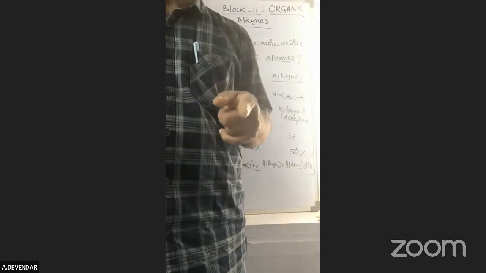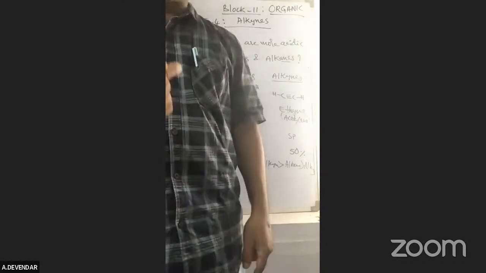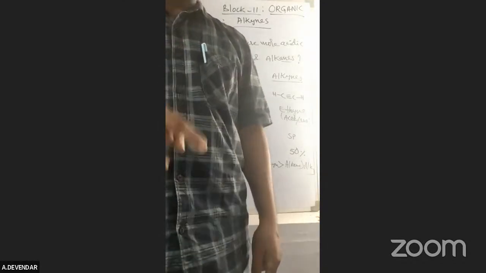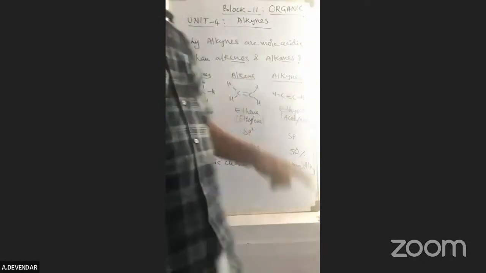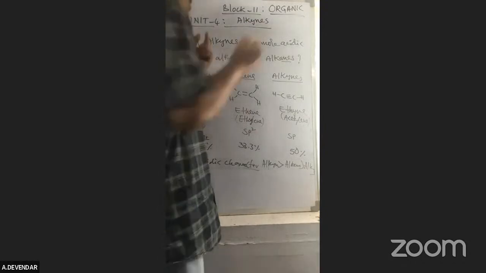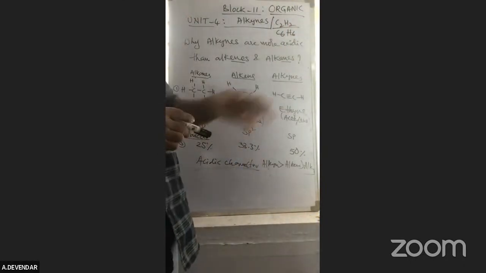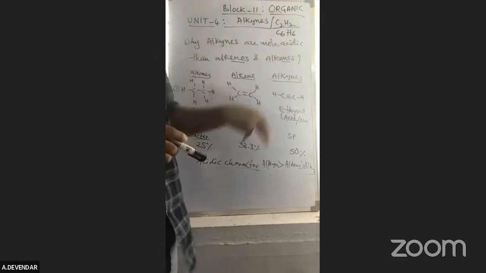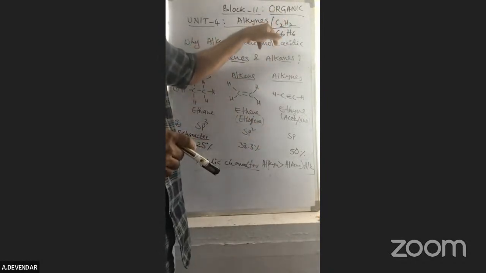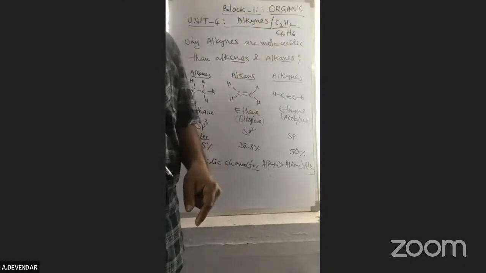Now compare C6H6 with the hydrocarbons: C2H6, C2H4, C2H2. C2H2 is an alkyne, and similarly we write C6H6 for benzene. From the formula you can understand that benzene looks like a very unsaturated hydrocarbon.